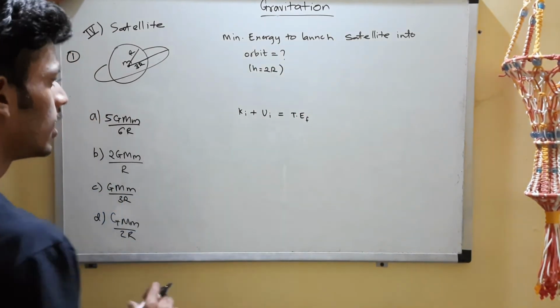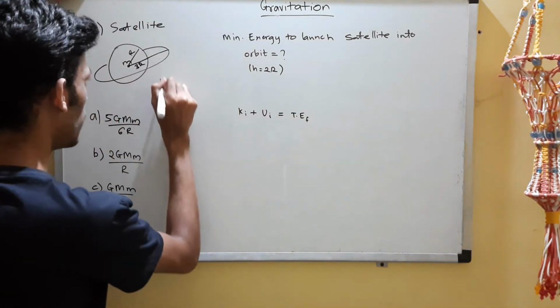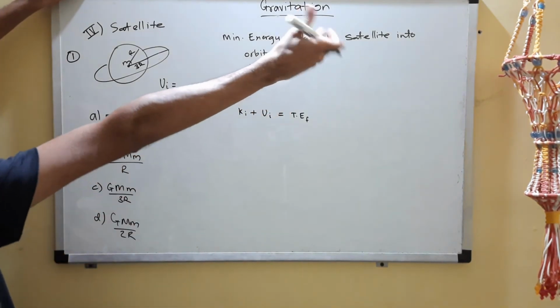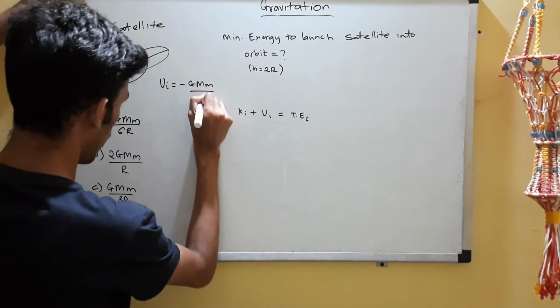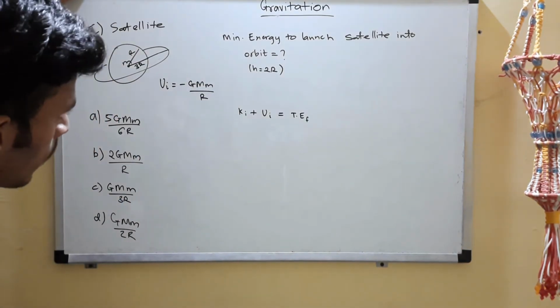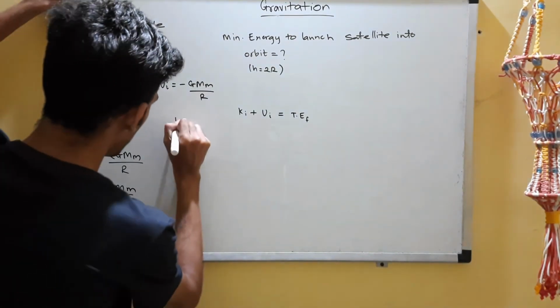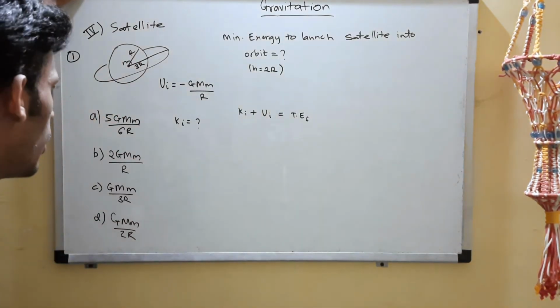Initial potential energy is something which we directly know, right? Since the satellite is on the surface of Earth, it will be minus GMm by R, right? This is the potential energy on the surface of Earth. Now, what about the initial kinetic energy? That is something which we want to find, right? That is the minimum energy we are talking about.